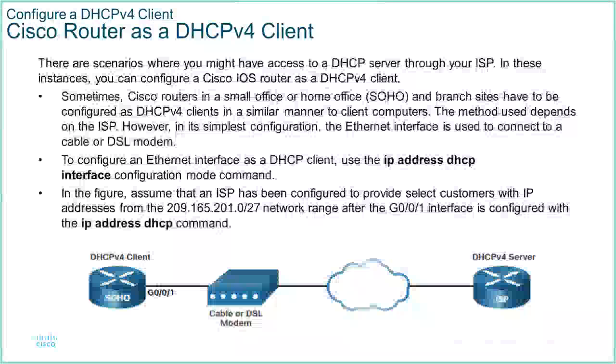So you need to be able to set up your router as a DHCP client on that interface to accept that DHCP configuration. So that interface needs to send out the discover and request messages to get the IP address assigned.